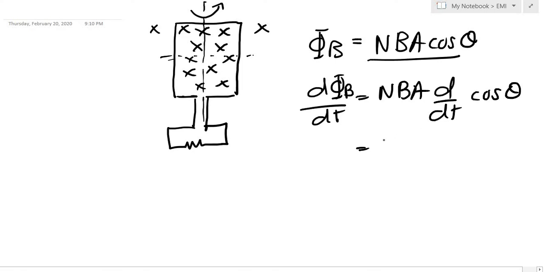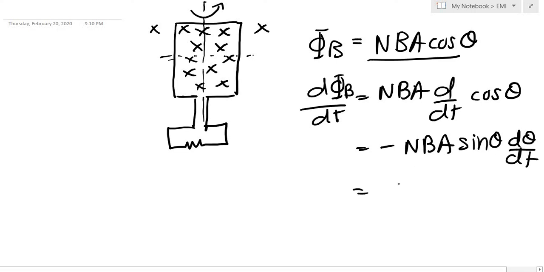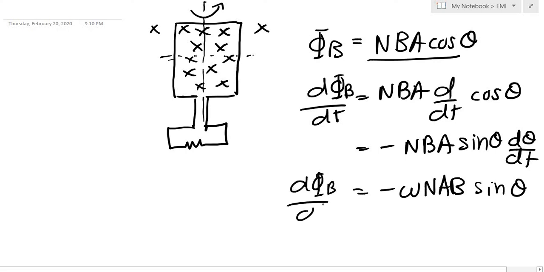Well, you can just differentiate cosine to get a negative NBA sine of theta, and using the chain rule we have d theta over dt, and d theta over dt is omega. So negative omega NAB sine theta, and that's your d phi B over dt.